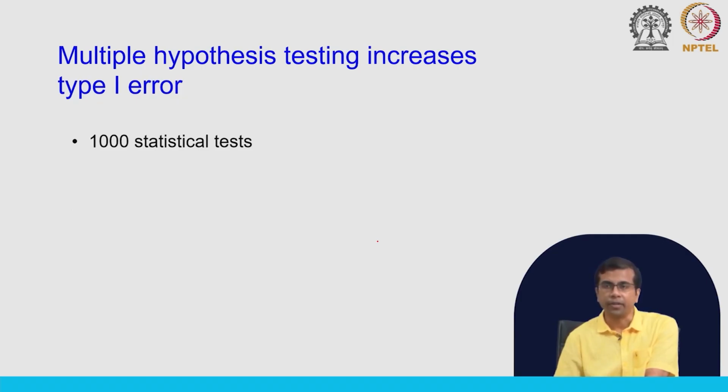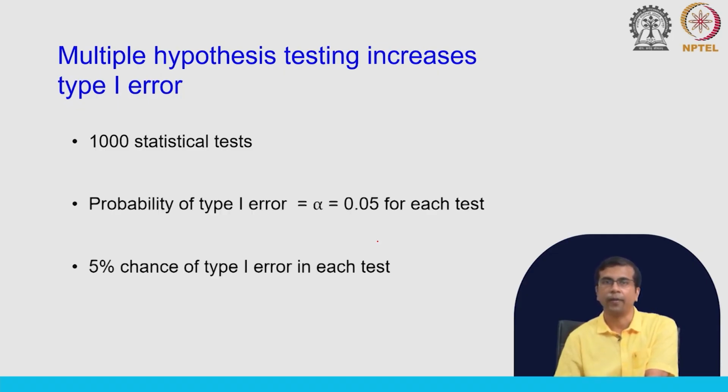Now, imagine the situation we have in differential gene expression analysis. Let us say we have 1000 statistical tests, one for every gene, and the probability of type 1 error is still the same alpha. We keep the threshold at 0.05 for each test, so there is a 5% chance of type 1 error in each test. Alpha has not changed.